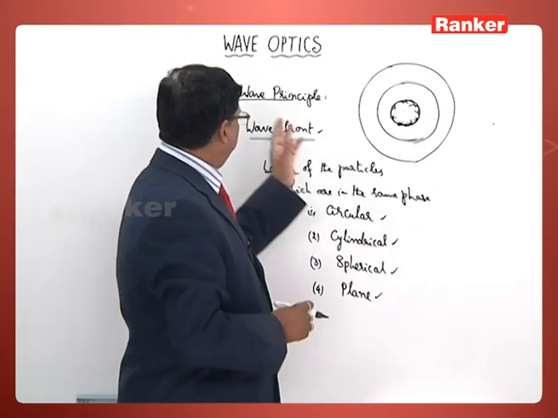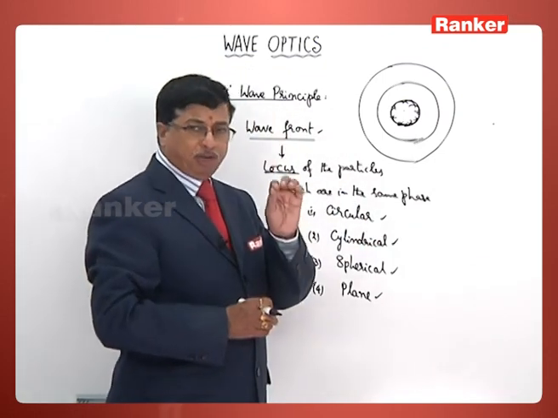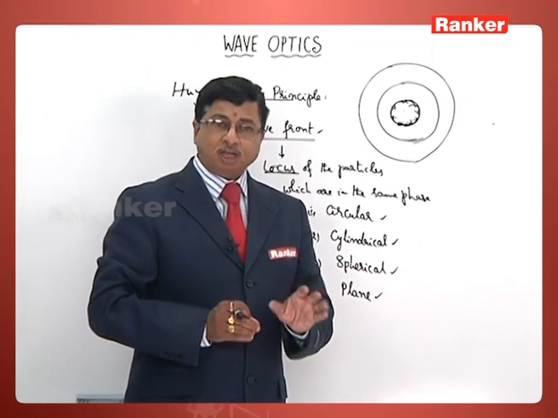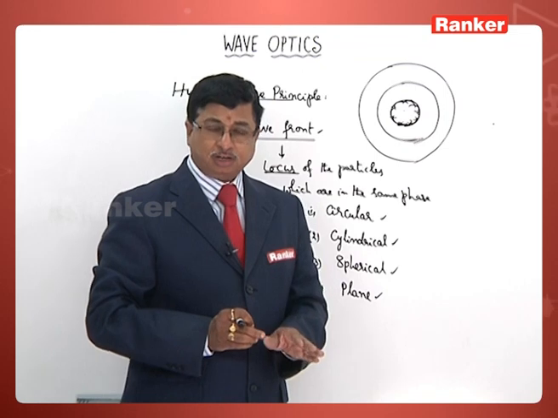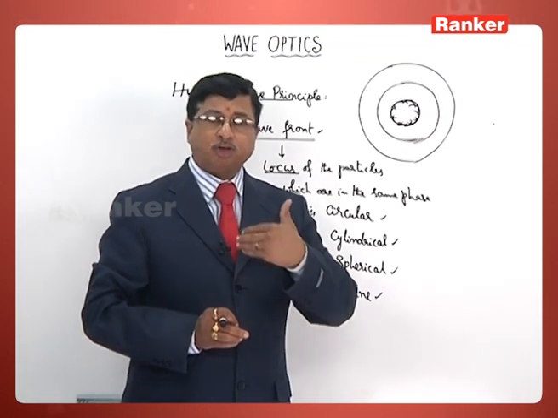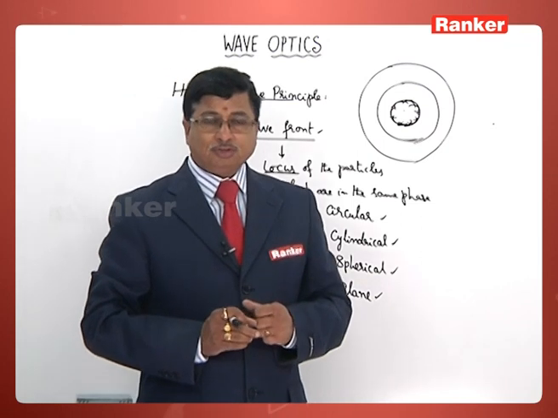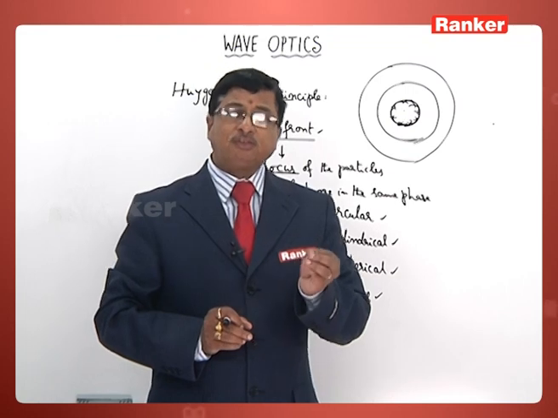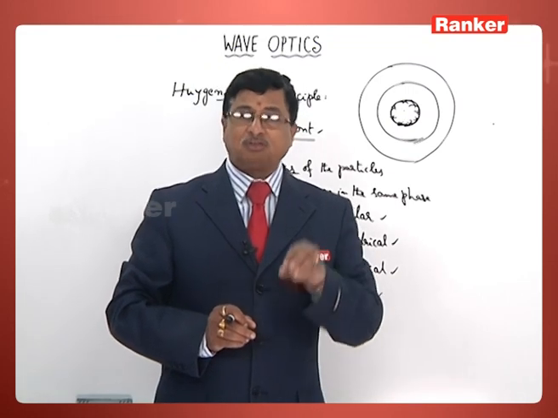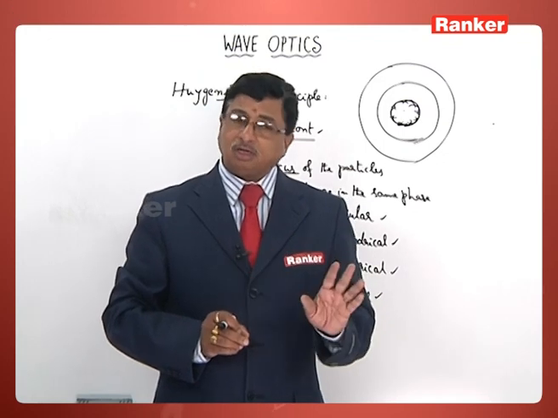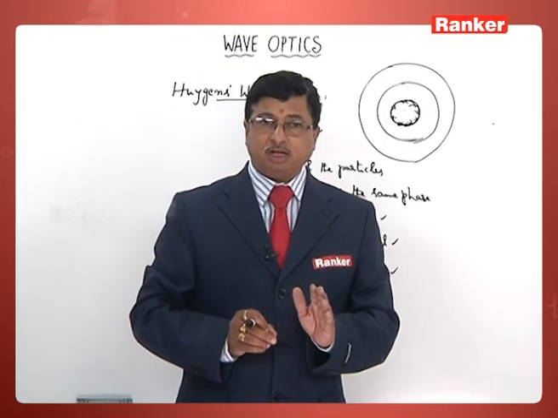Now, according to Huygens wave principle, every particle on the primary wavefront behaves as a secondary source of light and will emit secondary waves which travel in the forward direction. This is the statement by means of which he explained that light has wave nature, not the particle nature as said by Newton.